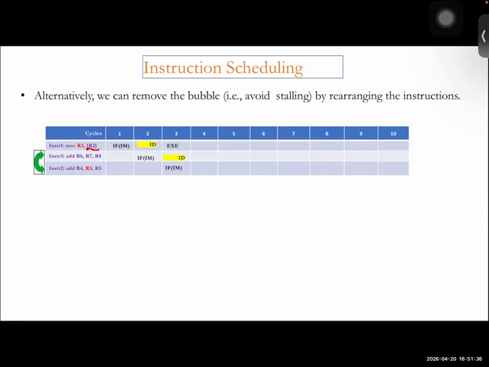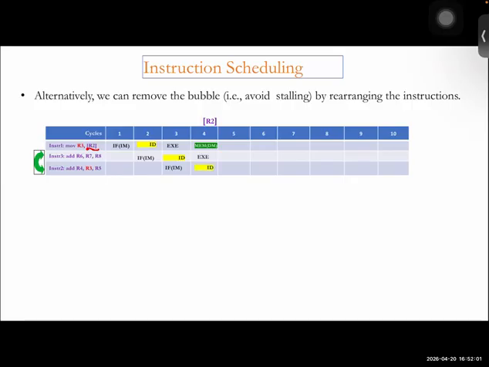Correct? So at the fourth cycle, with the register indirect memory access, the value is read from the data memory, and that is ready in the interstage buffer at the end of the fourth stage. And instruction 3 enters into the execution stage.